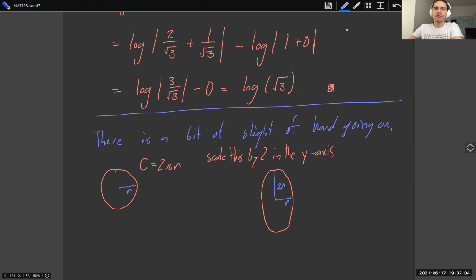And so what would you think the circumference of this ellipse is? If I multiplied everything here by 2 and it's a length, then how should it scale?